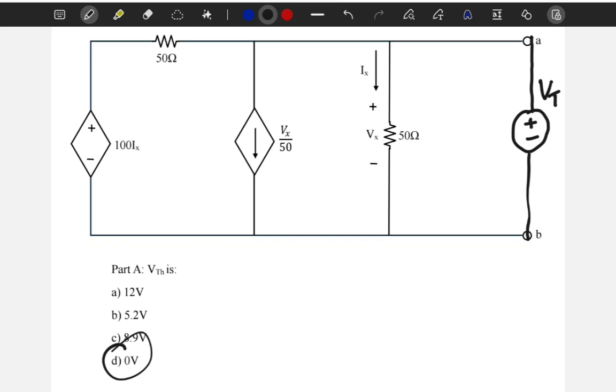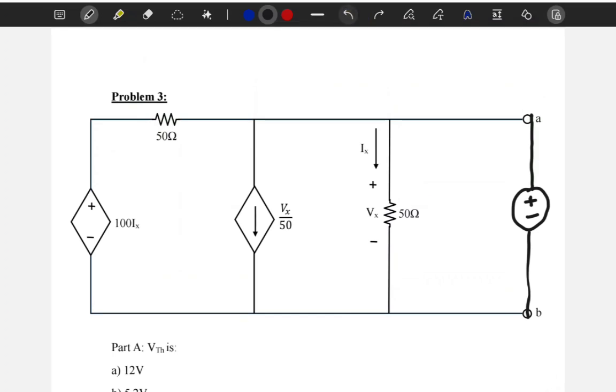We can't put Vt into a calculator, right? So what is advised to do is that you pick a random number. This number can be 1 volt, it can be 5 volt, it can be 12 volt. I'm gonna go with 12 volt.